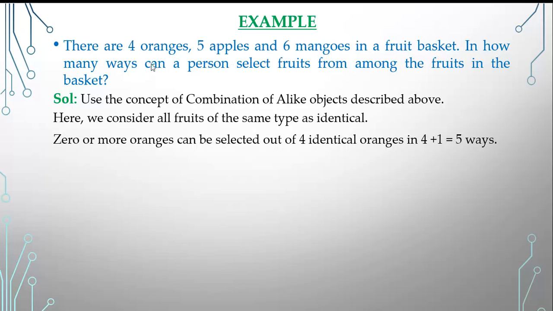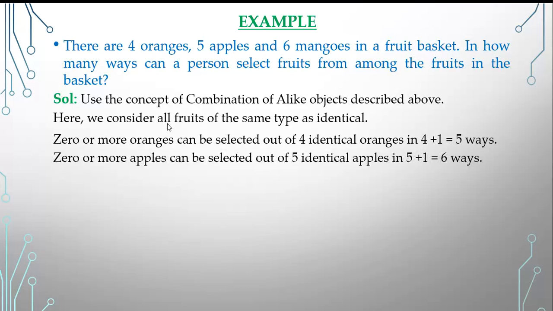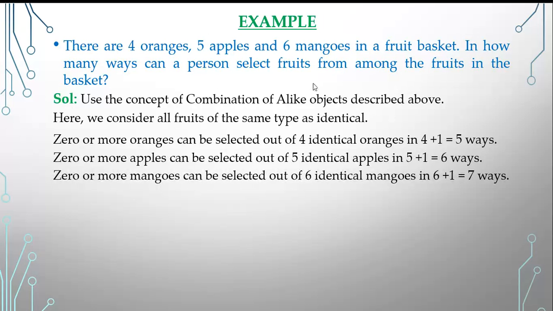For 4 alike oranges, the ways are 4 plus 1, since 0 or more oranges can be selected. For 5 identical apples it is 5 plus 1 ways, and for 6 identical mangoes it is 6 plus 1 ways.